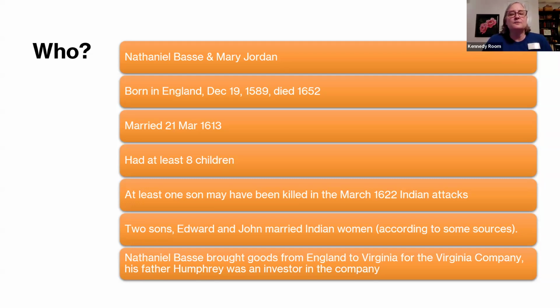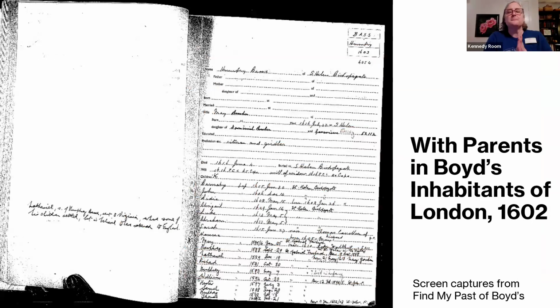And then we do know that Nathaniel Bass brought goods from England to Virginia for the Virginia Company. His father, Humphrey Bass, was an investor in the company. So this may be why he came, because his father was an investor in the company and didn't want to move.